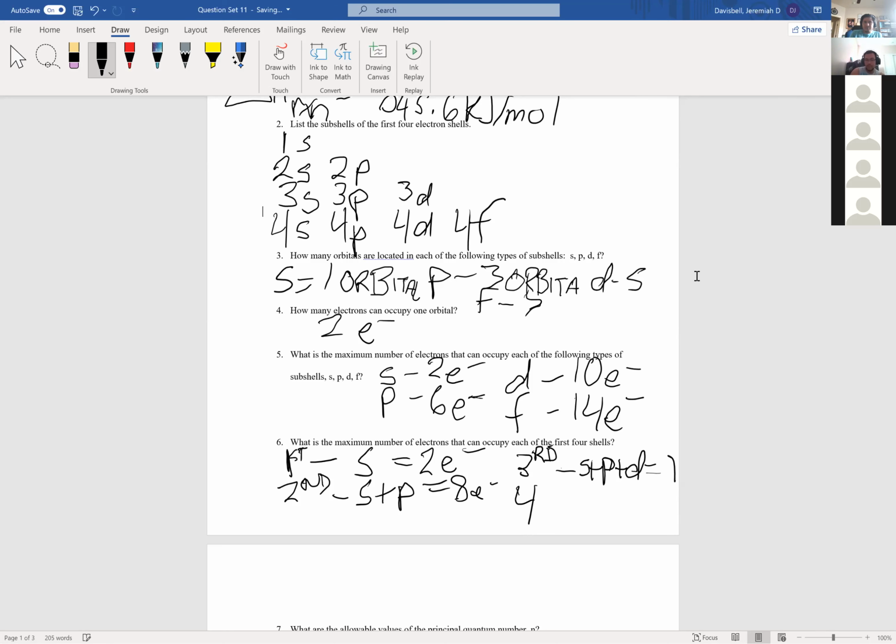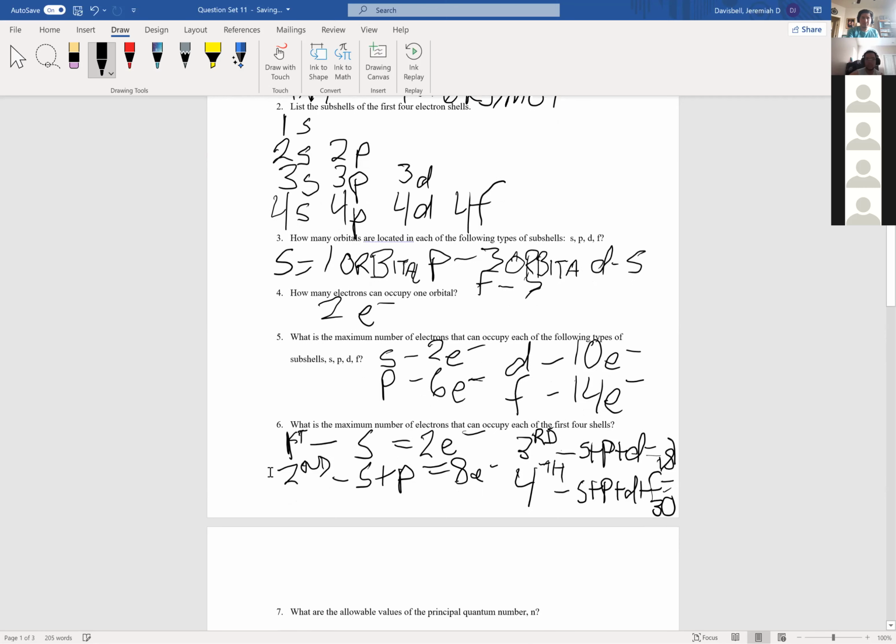I don't know why it keeps disappearing, but that's supposed to be 18. And then last but not least, for the fourth, 18 plus 12, okay, which is? Or what's 28 plus 2? 30. Perfect. So we got 30, we have 18, 8, and 2.